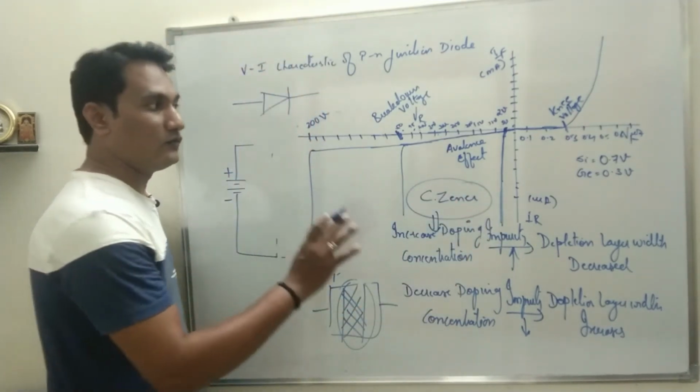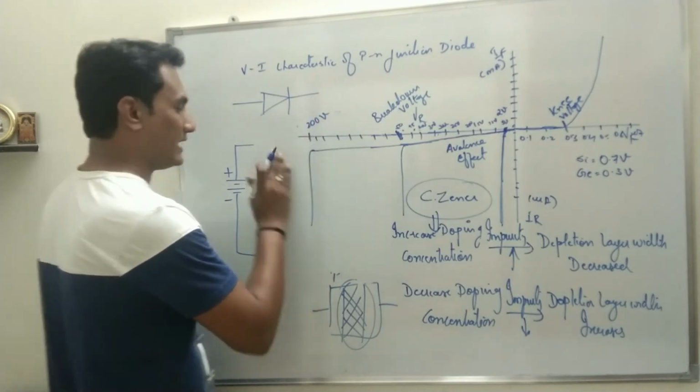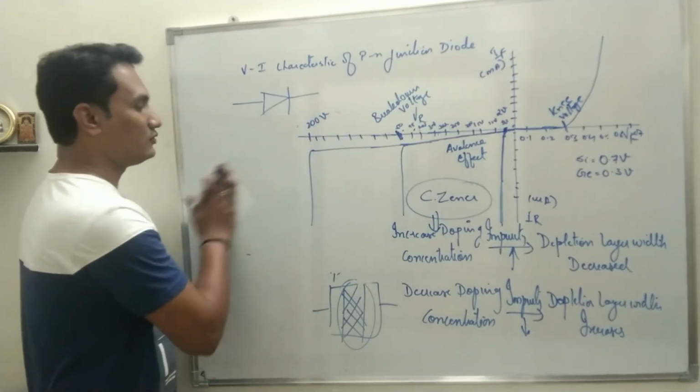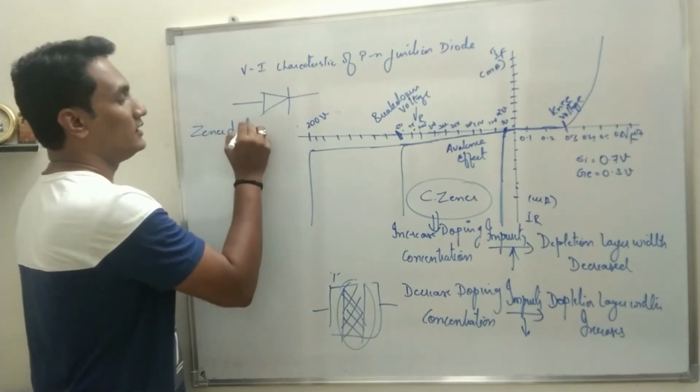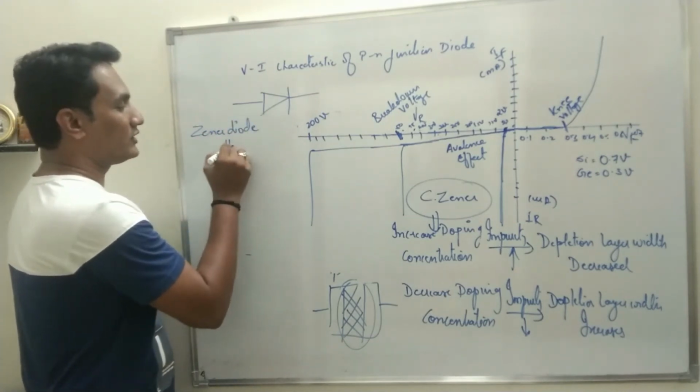Okay, so now we have a PN junction diode. If somebody asks you to define a Zener diode, how will you define it? What is a Zener diode?